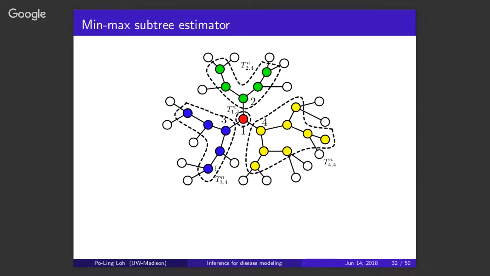Now, if you look at this picture more critically, you'll realize that it's not exactly accurate. The reason is that no nodes will ever become red, because this red node, according to the picture, is fully saturated. All of its neighbors are already infected, so any other node that's infected will never become red. So actually, the way I should be drawing this picture is slightly different.